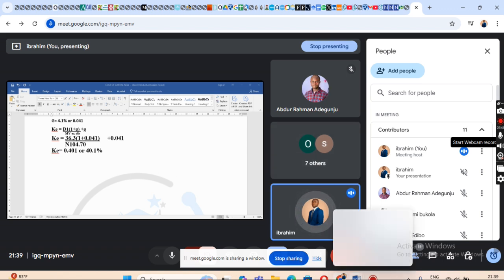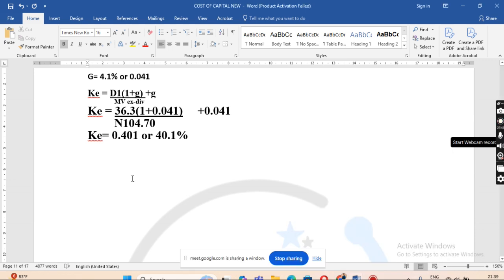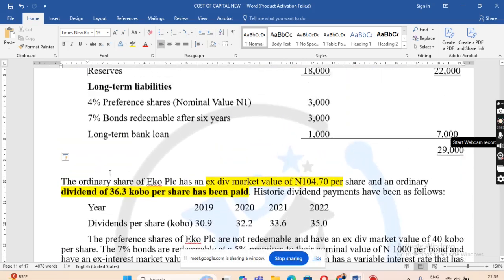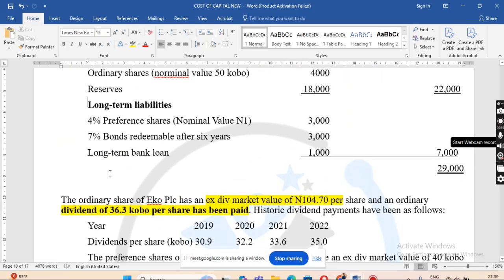Now, let's quickly go to debt. What is the second source that we want to look at? From the capital structure, now we have preference shares.